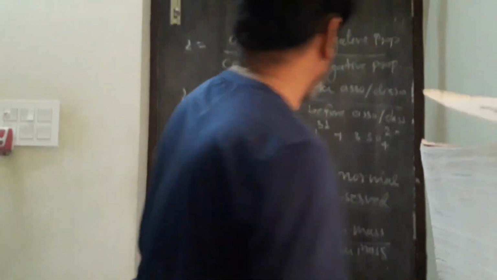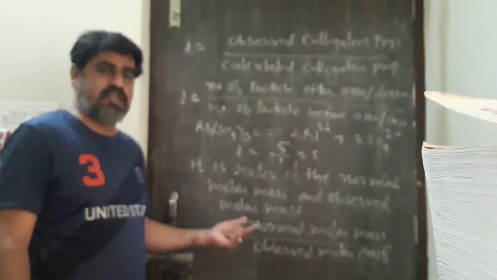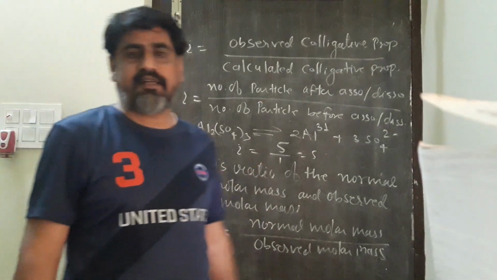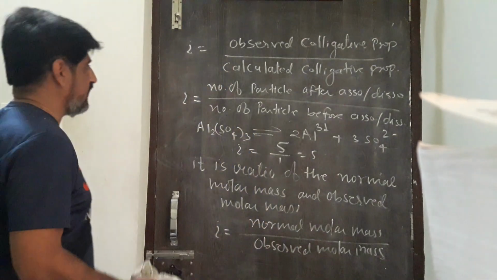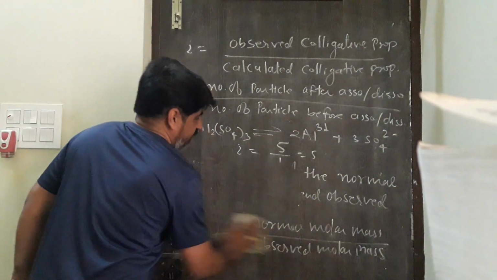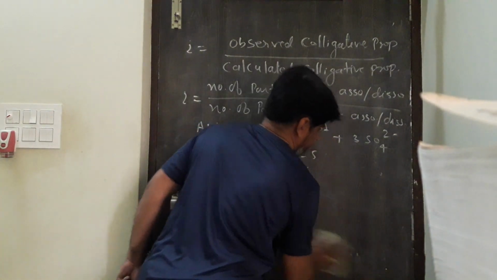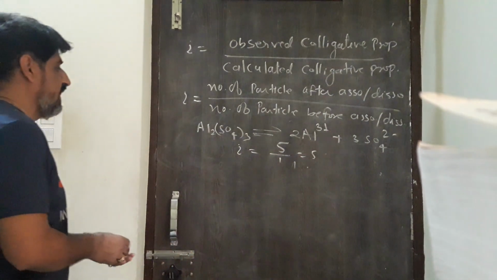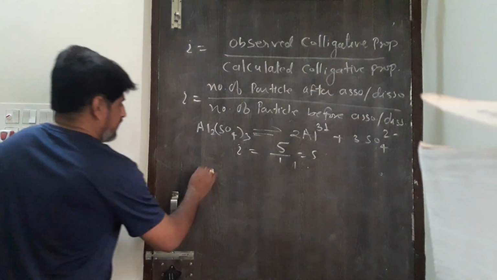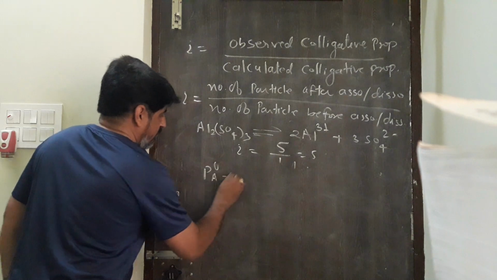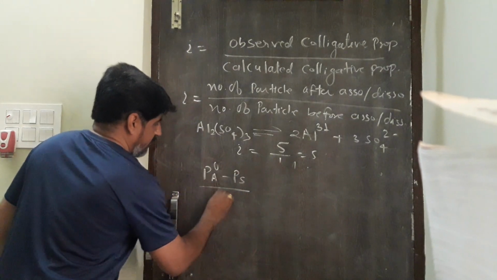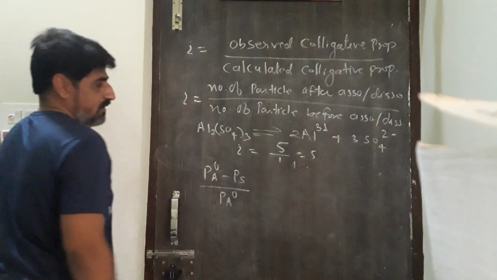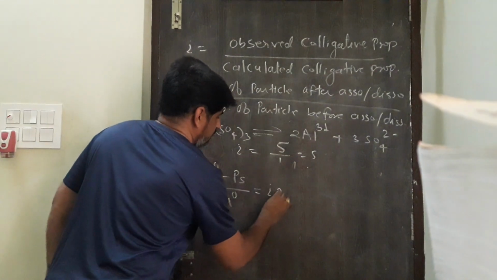For real and actual calculation, we have to introduce the Van't Hoff factor in all colligative properties. Then colligative properties will be expressed as follows. Suppose I am taking relative lowering of vapour pressure: (PA0 minus PS) upon PA0 is equal to iX.